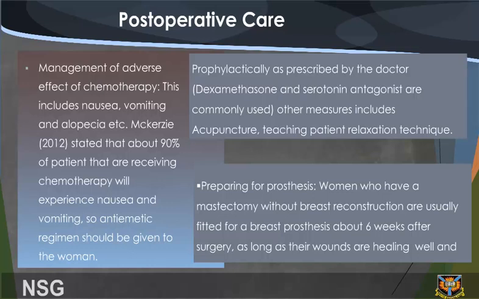Management of adverse effects of chemotherapy. This includes nausea, vomiting, and alopecia, etc. McKenzie, 2012, stated that about 90% of patients that are receiving chemotherapy will experience nausea and vomiting, so alternative regimen should be given to the woman.